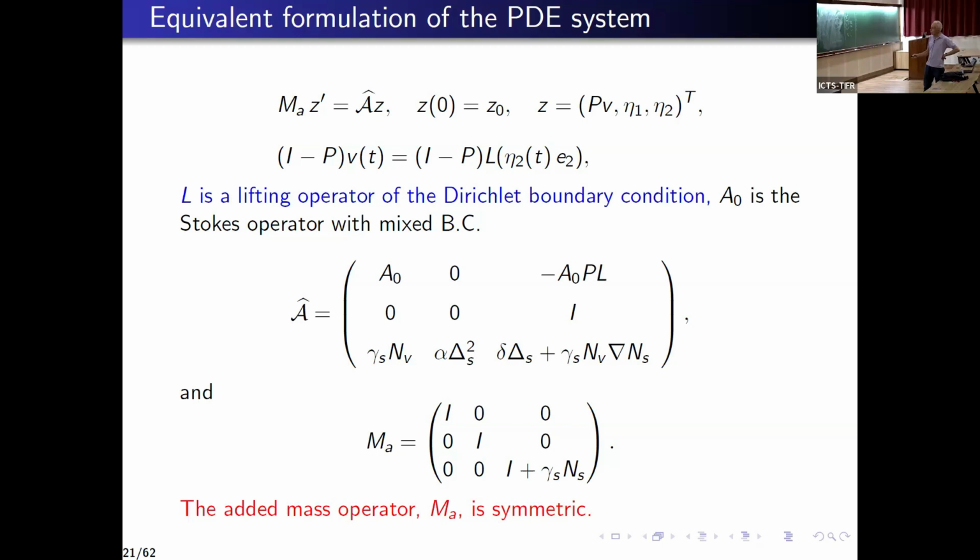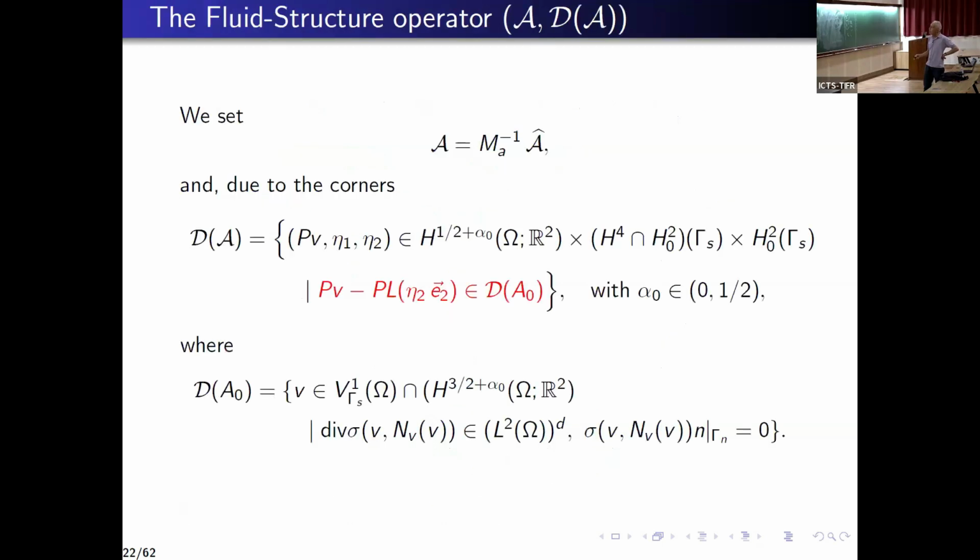And so finally, we can introduce the fluid structure operator in this form, which is a little bit complicated operator. So it's the space of functions which has to be written in this form.